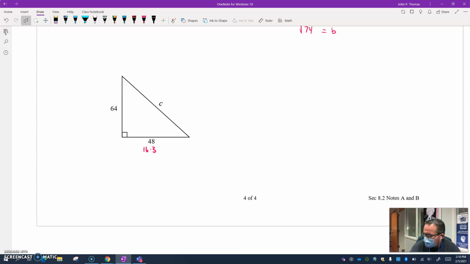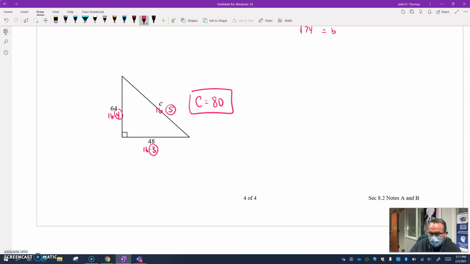And then if I take 64 and divide it by 16, I get 4. So 16 times 4. So you notice we've got a 3, 4. That means this last side, using the 3, 4, 5 family, would be a 5. But the whole thing is scaled up by 16, so we're going to scale this by 16 as well. And we get that c equals 16 times 5, which is 50 plus 30, or 80.